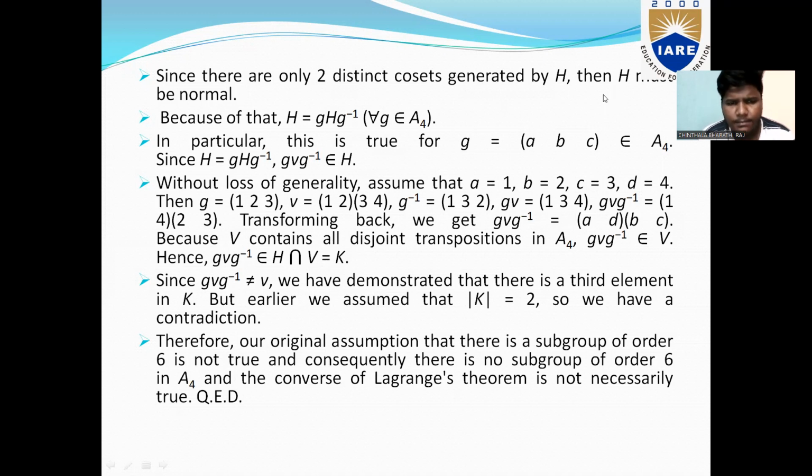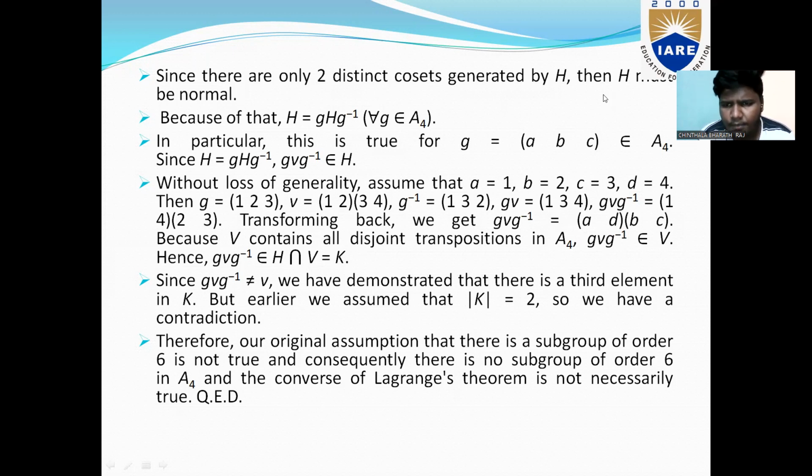Then g becomes (1 2 3), v equals (1 2)(3 4), and g inverse equals (1 3 2). Then gv becomes (1 3 4) and gvg inverse becomes (1 4)(2 3). Transforming back, we get gvg inverse equal to a product of disjoint transpositions, because V contains all disjoint transpositions in A4.